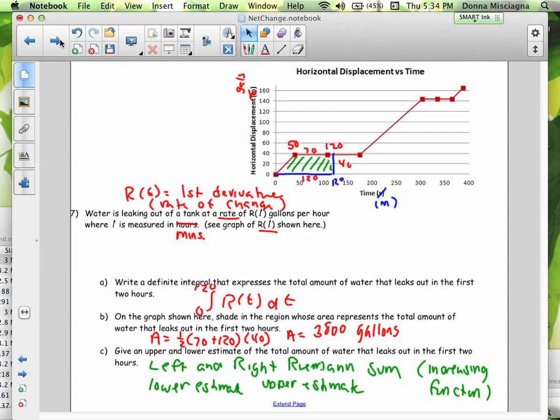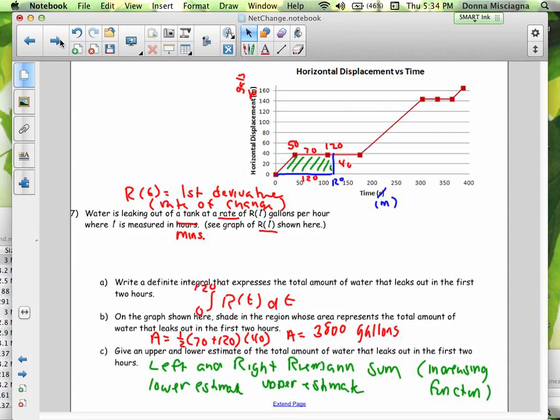Give an upper and lower estimate of the total amount of water in the first 2 hours. I didn't solve this one out, but if they ask you a question like this, an upper and lower estimate, you look at the graph, and it's either going to be a left or a right Riemann sum. If they ask for both, one of them is the left and one of them is the right.